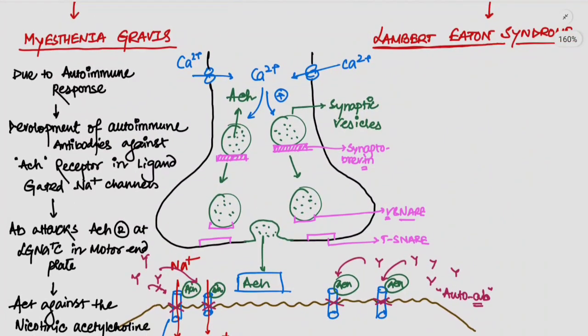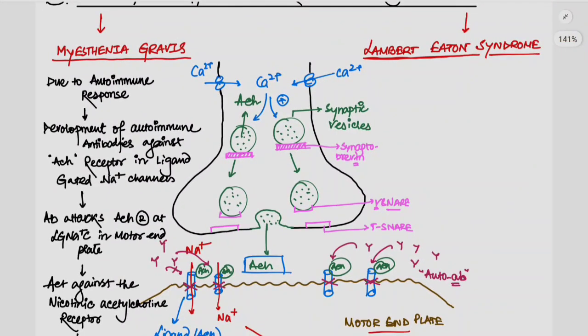Now comes the pathogenesis of Lambert-Eaton syndrome. So what is the main pathogenesis over here? There is a mutation in the protein which helps to make the voltage gated calcium channels, right? So the voltage gated calcium channels get mutated, and there is obviously inactivation of them, and calcium does not enter into the axonal terminal.